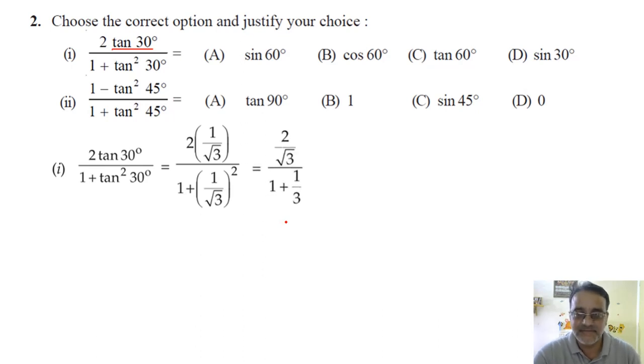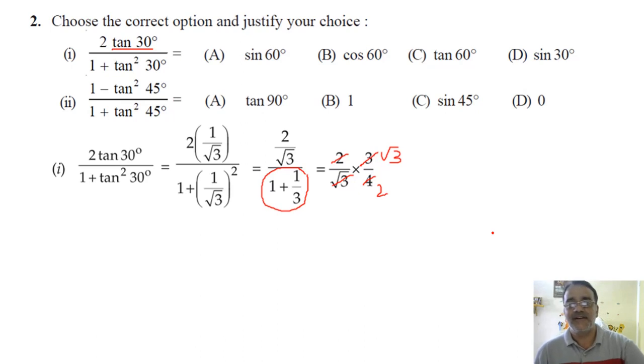Now 1 plus 1 by 3 will be 4 by 3. If we want to write it as a product, we have to take the reciprocal. Now this 2 can be cancelled, and this root 3 also we can cancel here. So what will you get? Root 3 by 2.